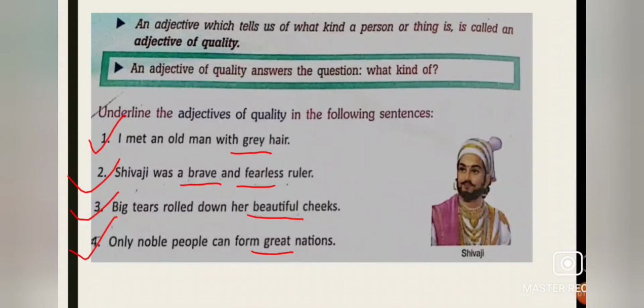In this sentence, brave and fearless are the adjectives of quality. Number 3. Big tears roll down her beautiful cheeks. In this sentence, beautiful is the adjective of quality. Number 4. Only noble people can form a great nation. In this sentence, great is the adjective of quality.